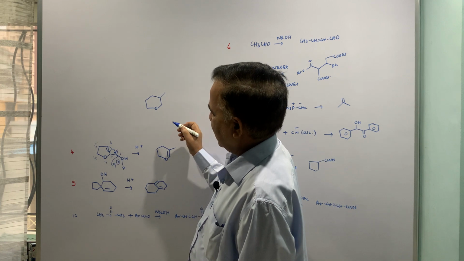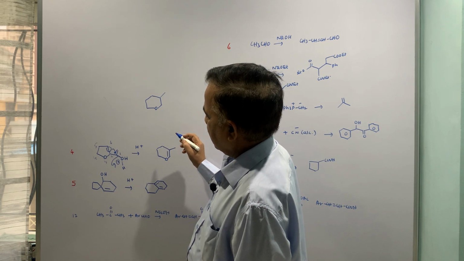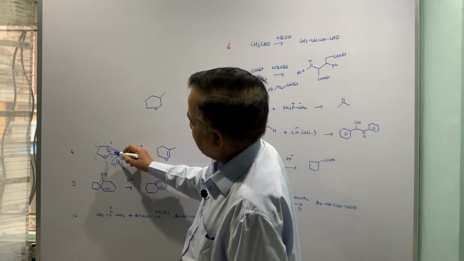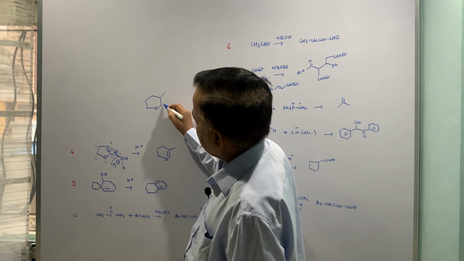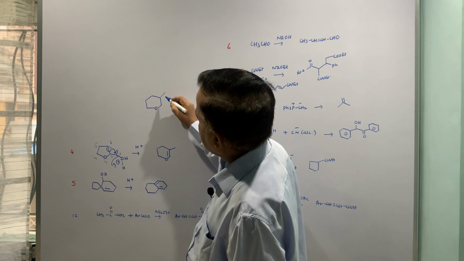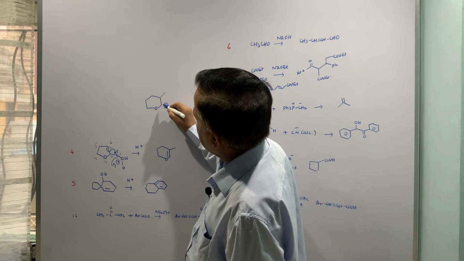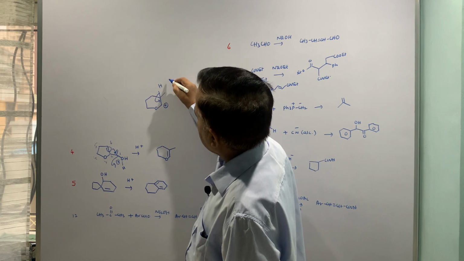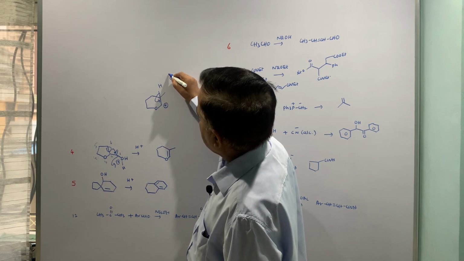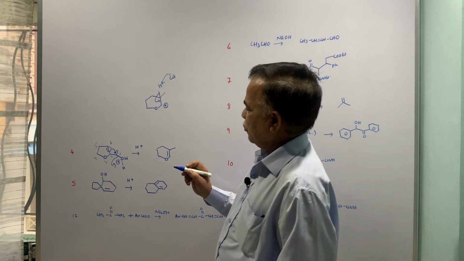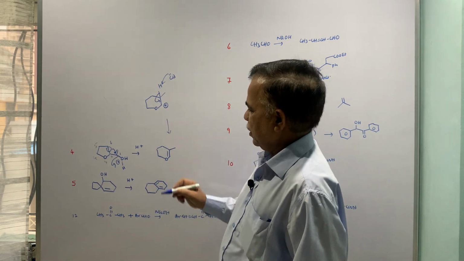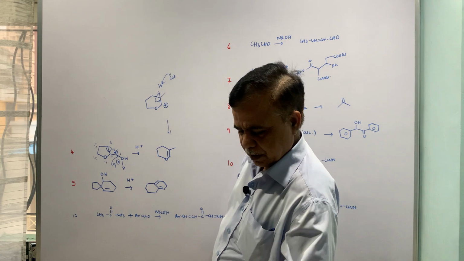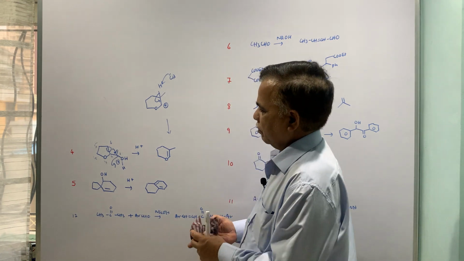So, 6 atoms are there, and you can see that oxygen and then the intervening carbon and then methyl is there. This will become positive, and then loss of proton which is initiated by the conjugate base can give you this pyran derivative.